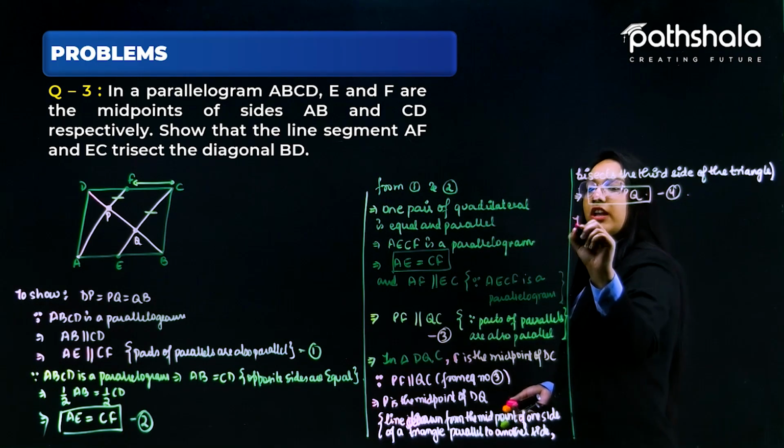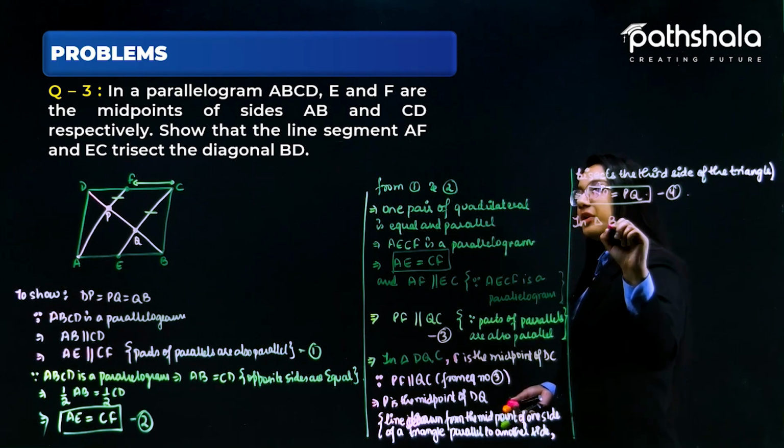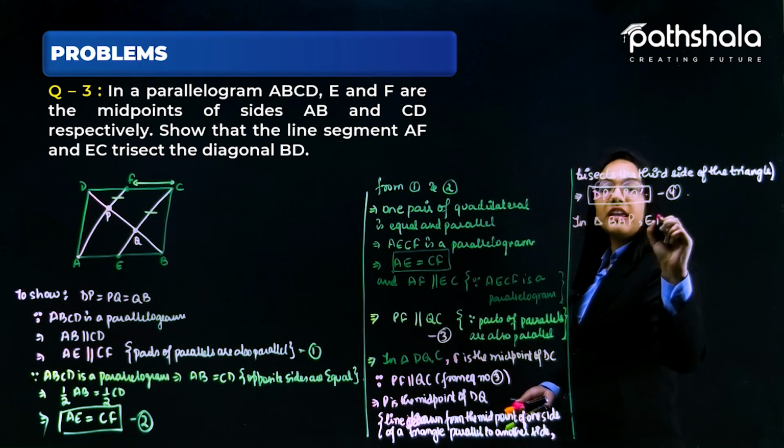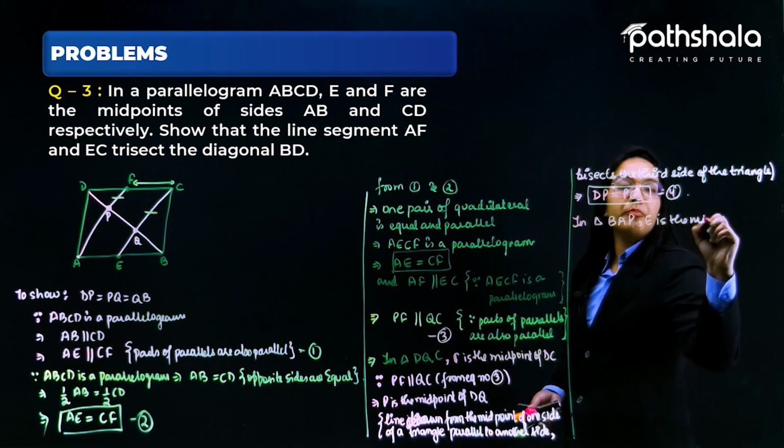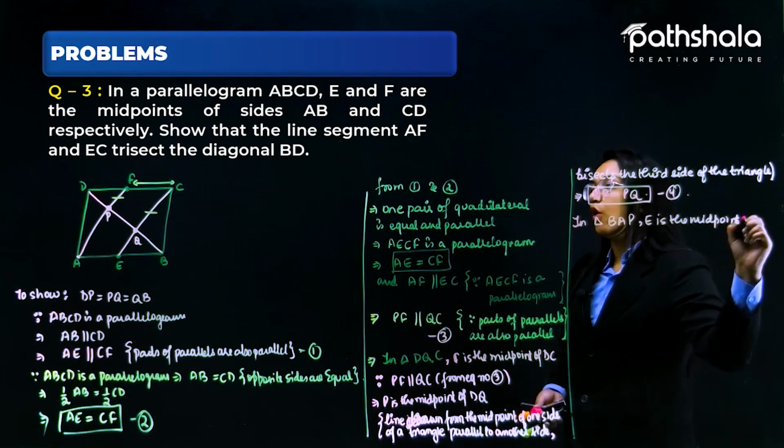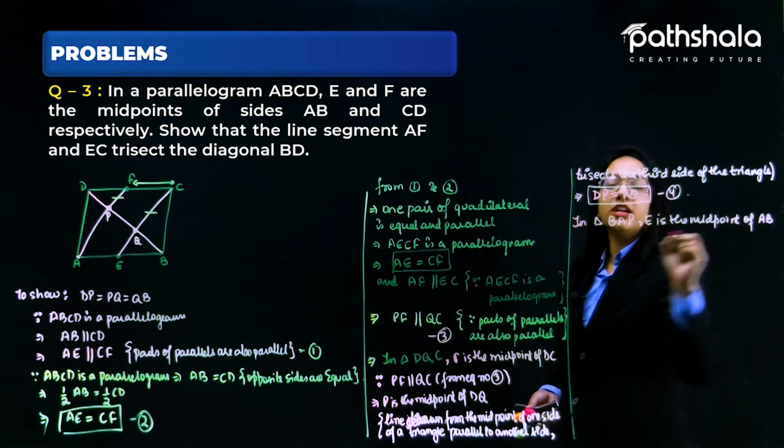Moreover, we can say that in triangle BAP, E is the midpoint of AB.